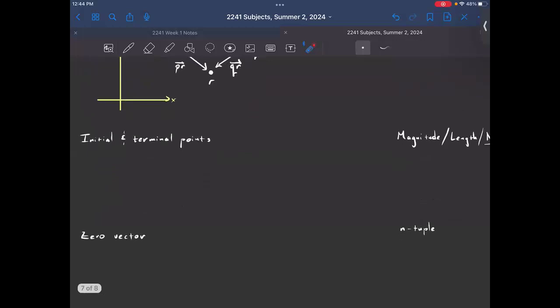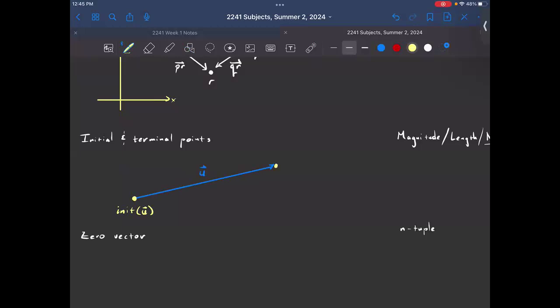All right, and so that leads us directly into initial and terminal points. We'll draw another vector here, and we'll do a little analysis of this vector. So here's my vector u, and right here, where it starts, this is called the initial point of u, and I'll notate it that way, init u vec.